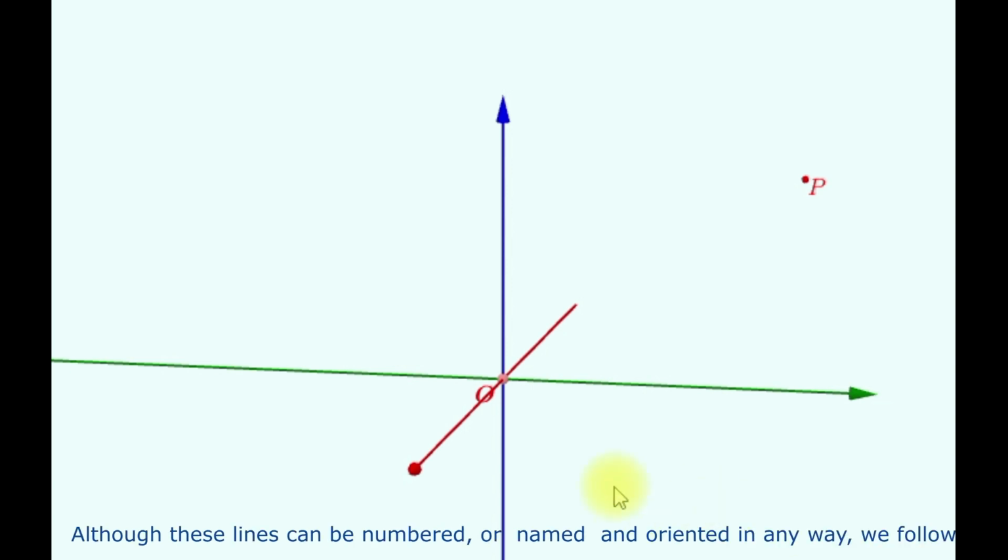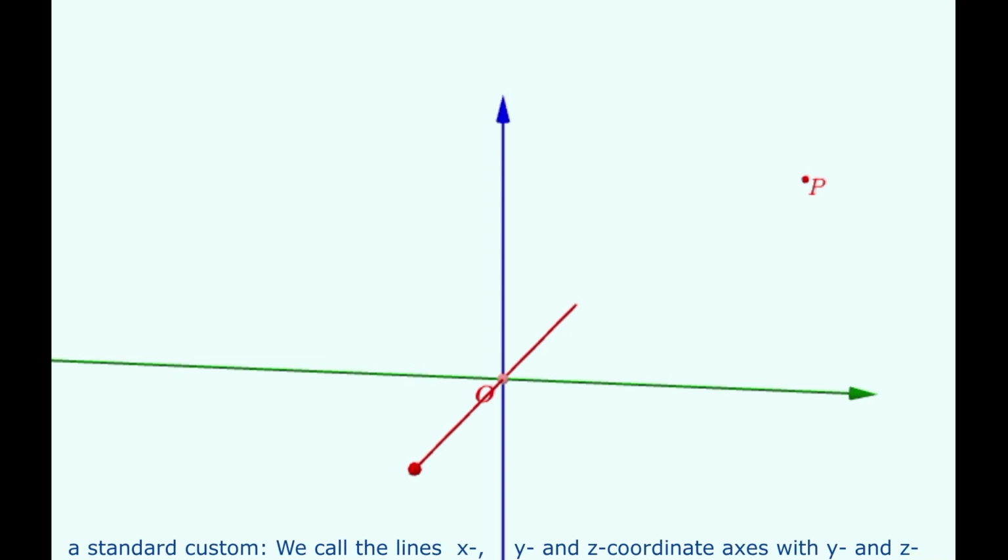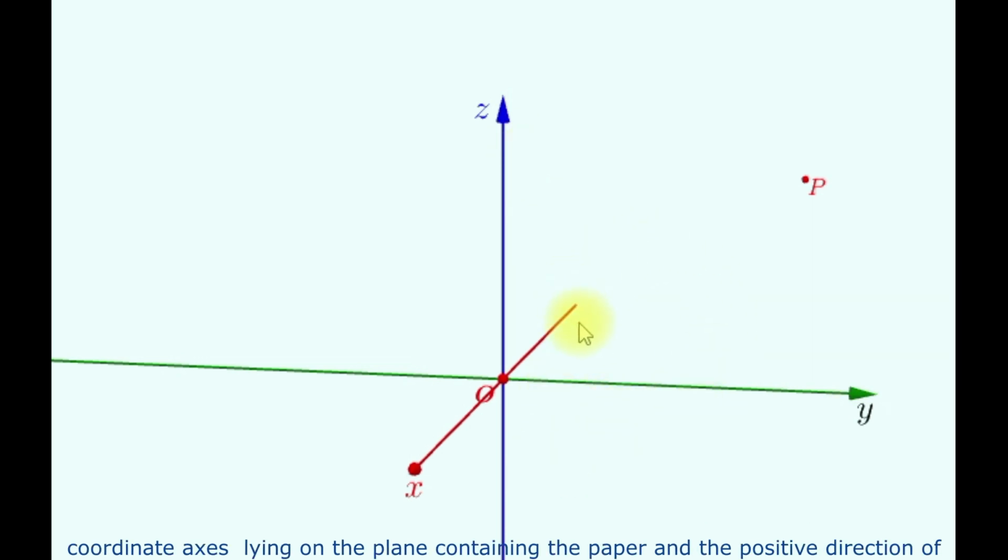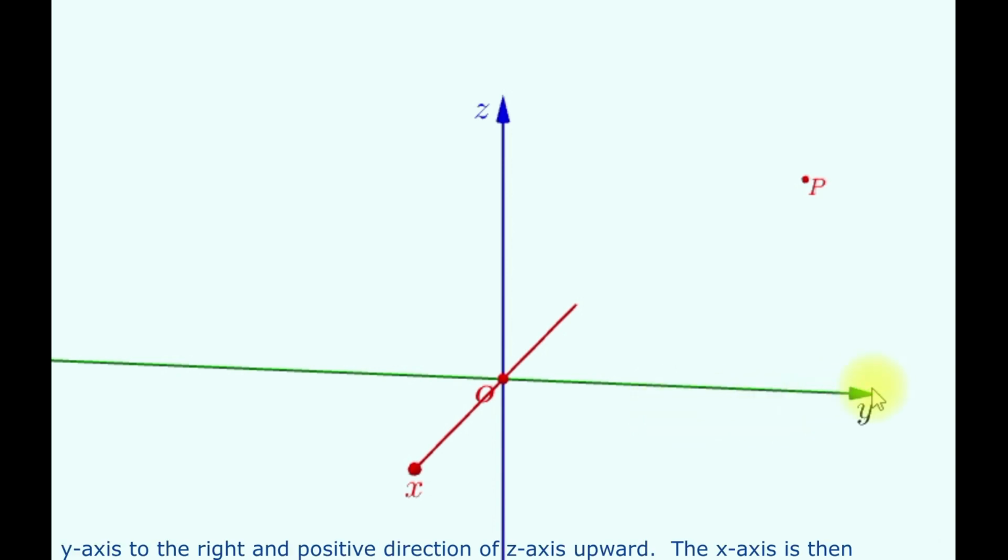Although these lines can be numbered or named or oriented in any way, we follow a standard custom. We call the lines X, Y and Z coordinate axes, with the y-axis and z-axis lying on the plane containing the paper, the positive direction of y to the right and the positive direction of the z-axis upward.